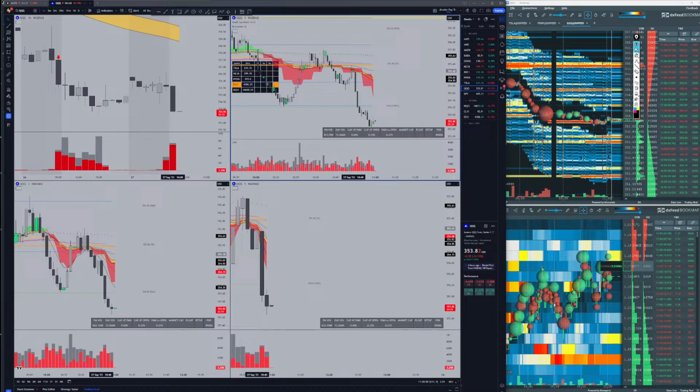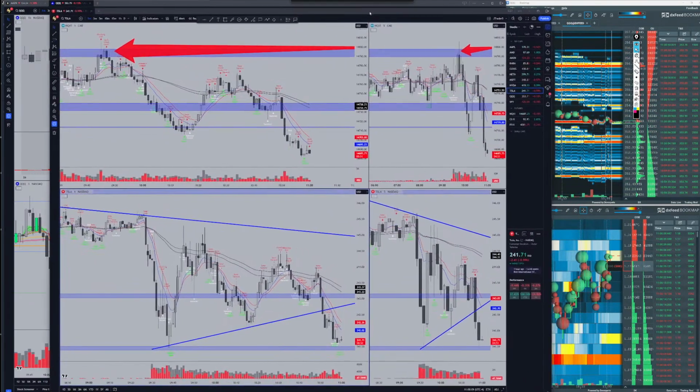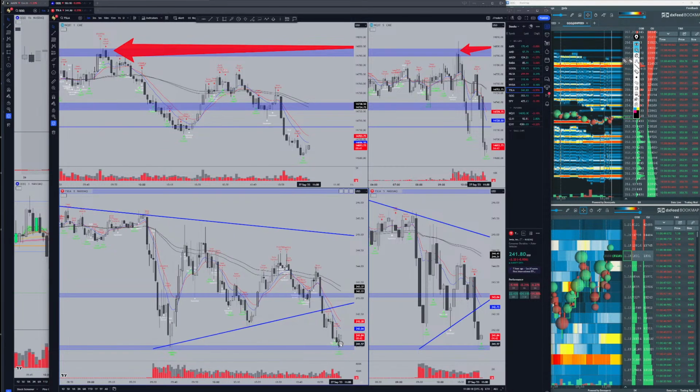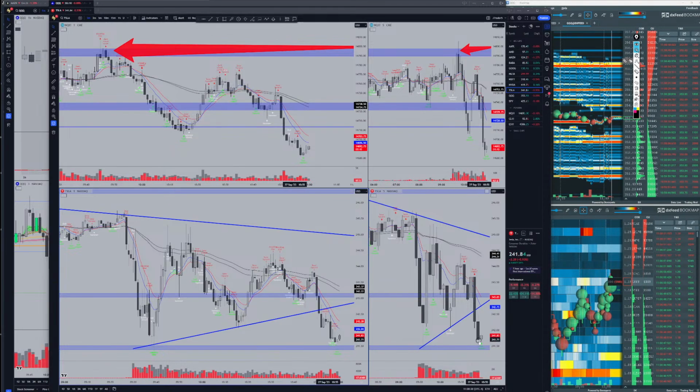Tesla dipping to the previous low, 41.50, but no major reversal. I'm checking also here, you can see Tesla. This low over here is trying to bounce, but still no reversal play over here.